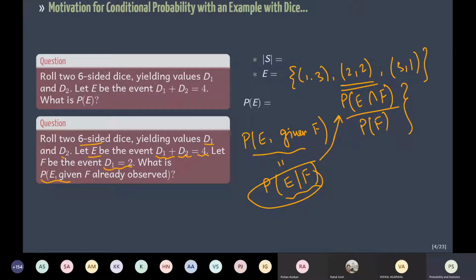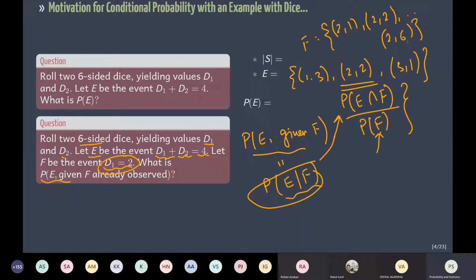Event E was given to me, and event F says that D1 is 2. Now you have to count all those cases where D1 is 2. The first output is 2, so there are 6 cases: (2, 1), (2, 2), up to (2, 6).